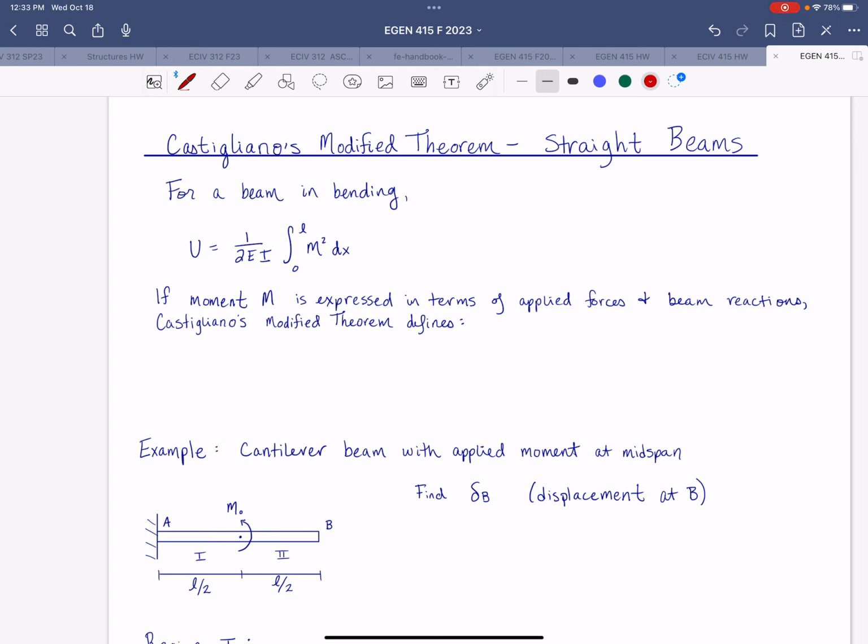It may or may not be the same as what you've seen before, because we're doing a modified theorem approach, which uses basically the Maxwell-Mohr theorem and makes a substitution or some assumptions for the partial derivative of moment, or whatever you're considering, with respect to a specific applied nodal force or moment.